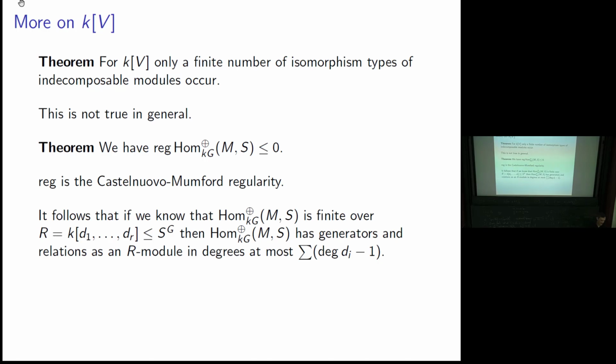It can be defined in terms of local cohomology or projective resolutions over a polynomial subring. But what it gives you is bounds. For a module, it gives you bounds on the degrees of the generators and relations, which is what we want here.